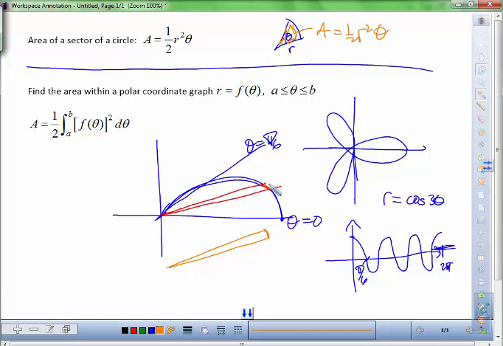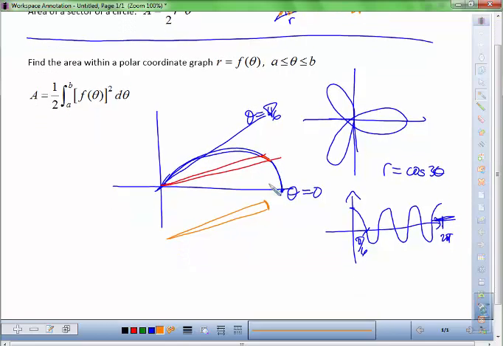So what do we do? We cut it up into really, really small pieces, and then we add them all up. As we add them all up, we take more and smaller pieces, until we get an infinite number, until we get a Riemann sum that changes into an integral. All right, so what's involved in this sector?